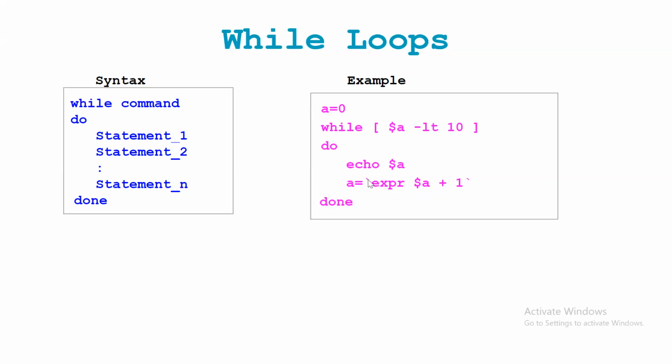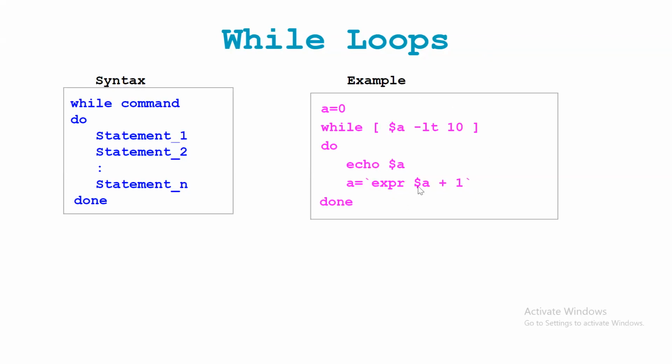Here it looks like a single quote, but actually it is not a single quote. It is the key on the keyboard before the number 1 key, so you can use that. Don't consider this a single quote. I'll take an example and show what happens if you use a single quote and what happens if you use this.